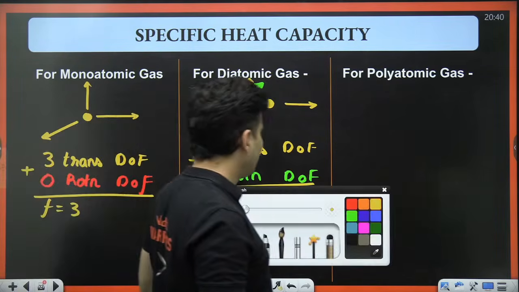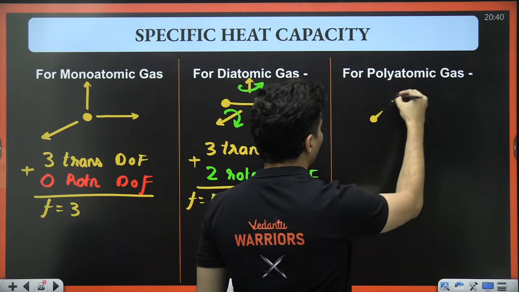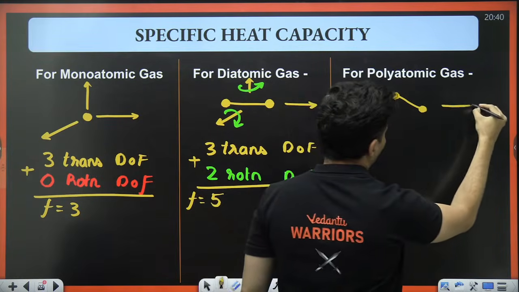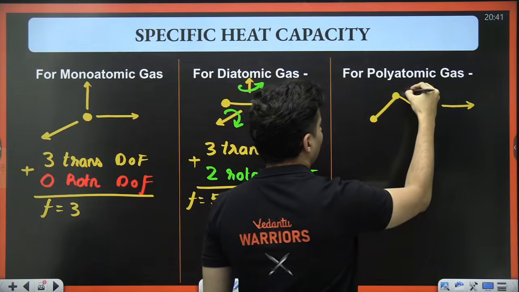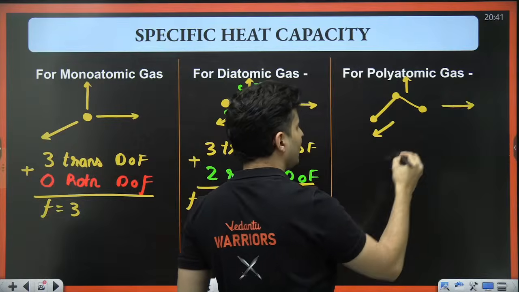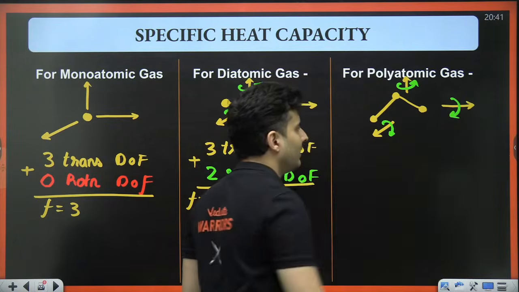Very good. If it is a polyatomic molecule, it could be any shape like this, let's say for example, then it can have one translation and another translation here, and this time it can have all the 3 rotational degrees of freedom.